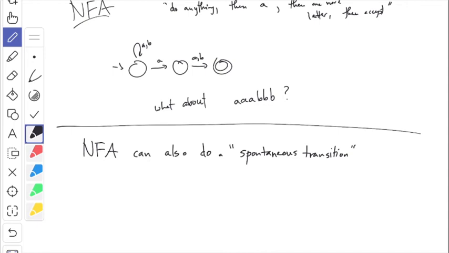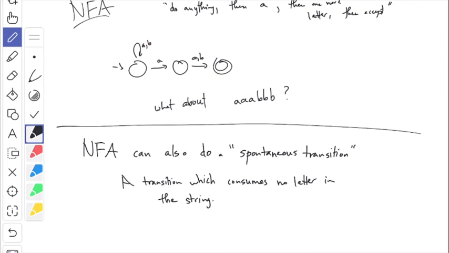A spontaneous transition means a transition, like an arrow on the diagram, which consumes no letter in the string. That is, without even reading one of the letters, there can be an arrow which happens without reading a letter.